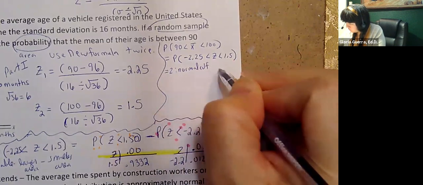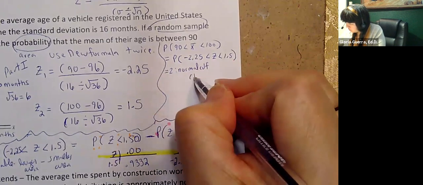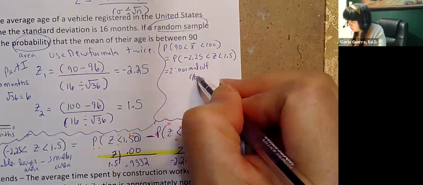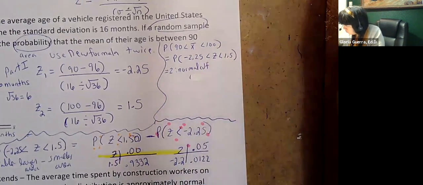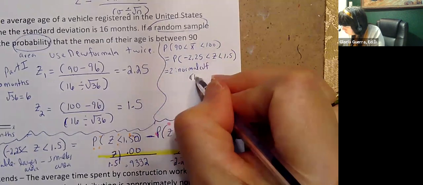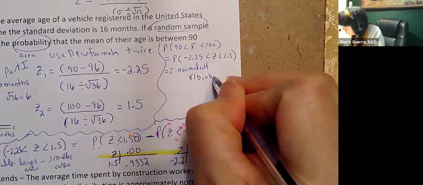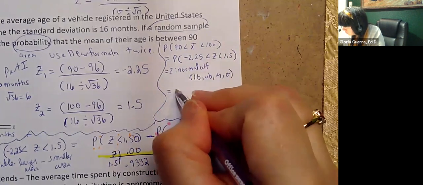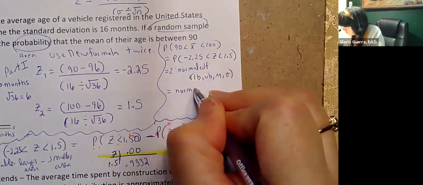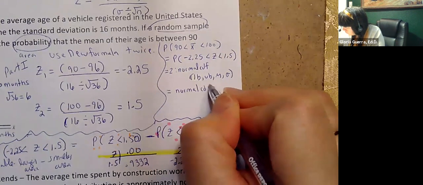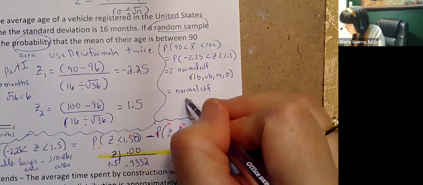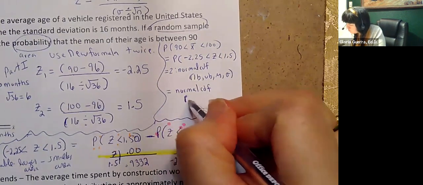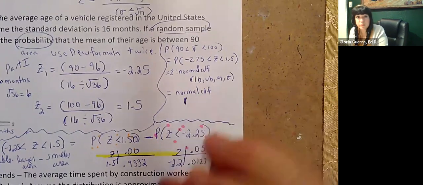CDF: lower bound, upper bound, mu and sigma. And when you do that, your lower bound and your picture.